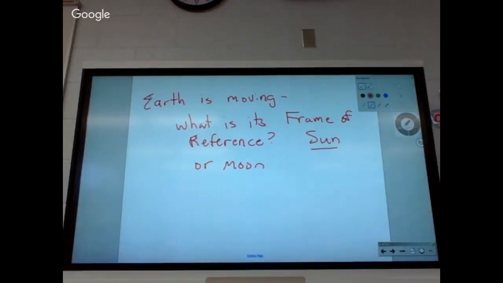Now, if y'all ride buses in the afternoon, if you're on a bus and you're looking inside the bus only, can the bus itself be the frame of reference? Yes. Let's say someone's throwing a ball back and forth on the bus, not that anybody should be doing that.